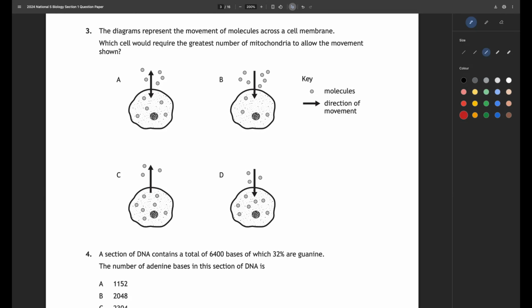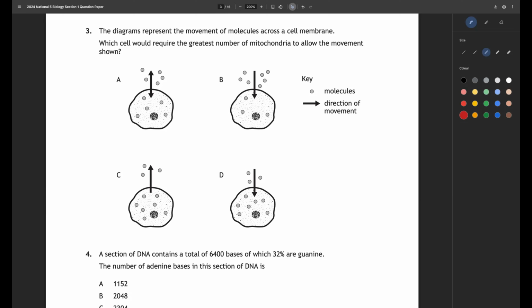Now, it's the cell which is going to need the most ATP, because ATP is produced in aerobic respiration. And the cell that would need the most ATP is the one that's carrying out the most active transport, because as we know from 1.2, active transport requires energy. So if we look at A, we've got an equal concentration both inside and outside the cell, so it's not that one.